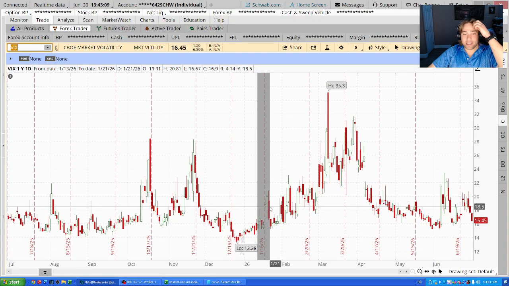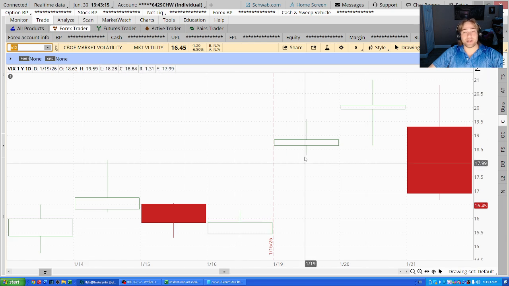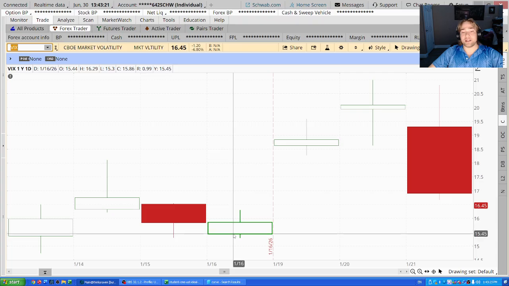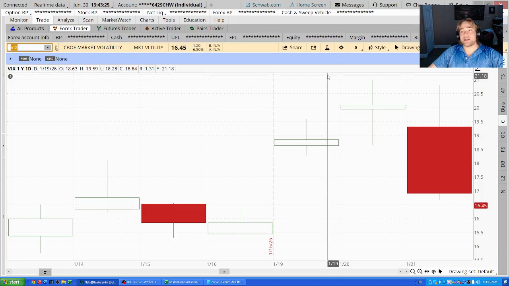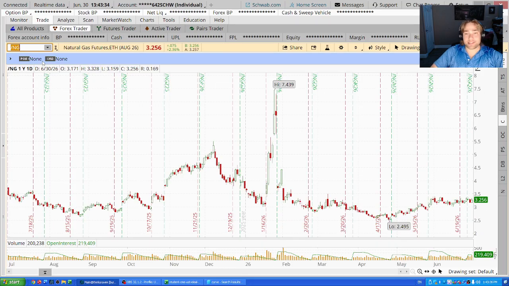Even though it's not a huge shock, you can see the VIX index shot from 15.4 all the way to 21.07. And you've got to remember, even though this looks small compared to bigger shocks, when volatility on the S&P jumps from 15.45 all the way to 21.18, if you're a short options trader, that can actually be what knocks you out. And you can actually see that move.